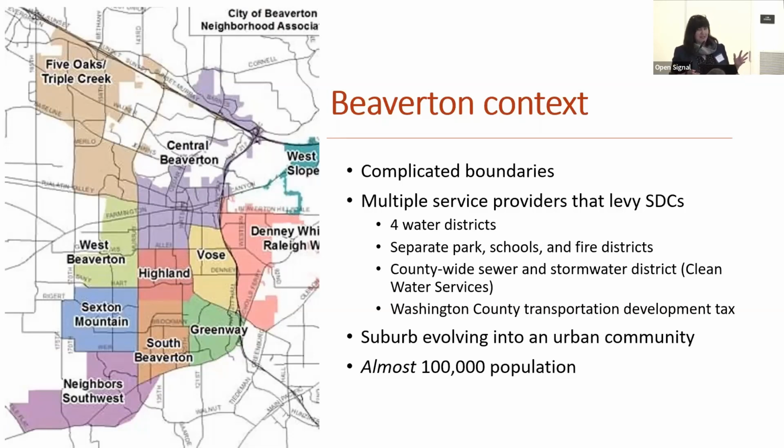We also have county-wide sewer and stormwater service called Clean Water Services, and the city and Clean Water Services share responsibility for providing those services. There are complicated agreements that govern who's responsible for what. But generally speaking, CWS is responsible for the county-wide regional stuff, and the city is responsible for the local granular stuff.